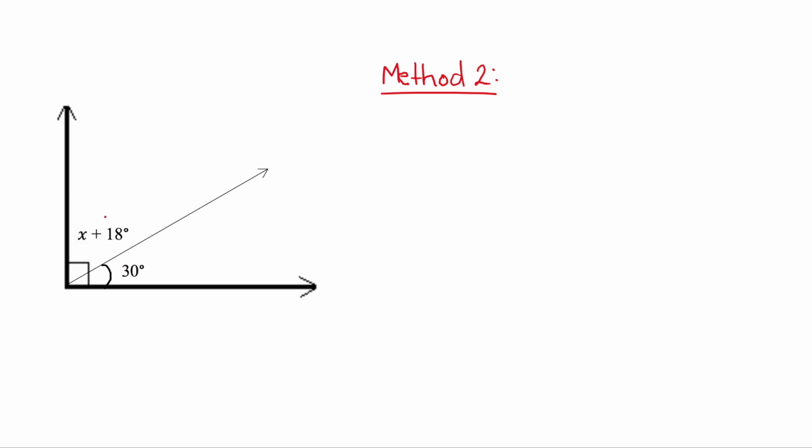So what I'm going to do is draw this x plus 18 slightly different. So I know that x plus 18 degrees is forming this angle that I'm going to draw here in green. This angle here is x plus 18 degrees. So I'm going to move this one outside here for a minute.